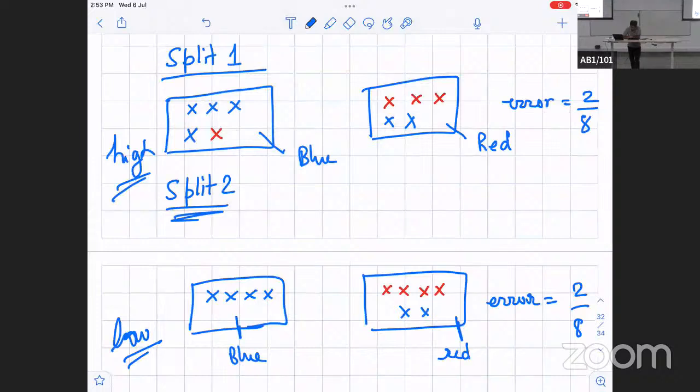So totally 10 points, 4, 4, 5, 6. Both errors are 4 out of 10.